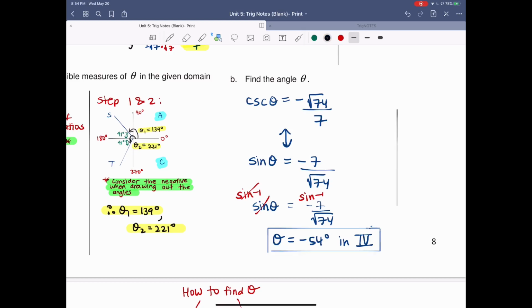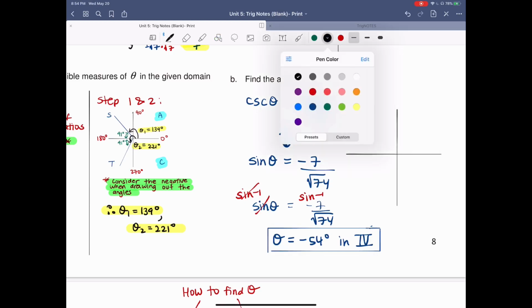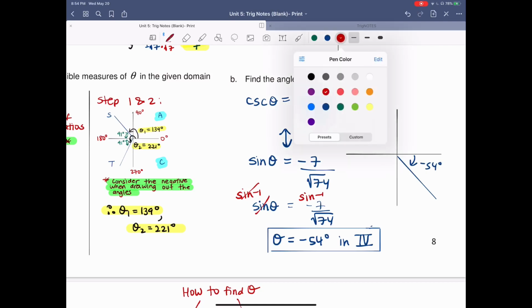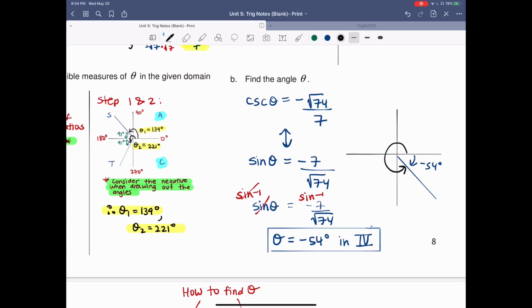So basically when I draw my x and y axis, that means my terminal arm is going to be about there. I've moved from the initial arm clockwise to get to -54 degrees. That means my principal angle is going to be what? Because this is 0, this is 90, this is 180, this is 270.